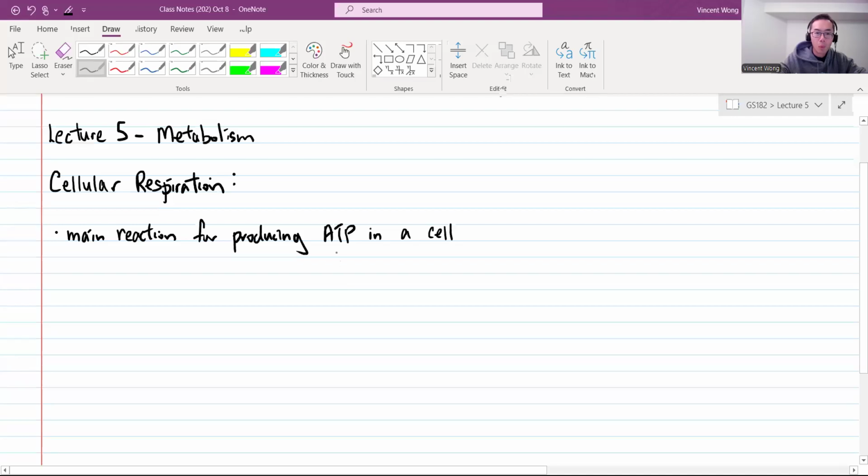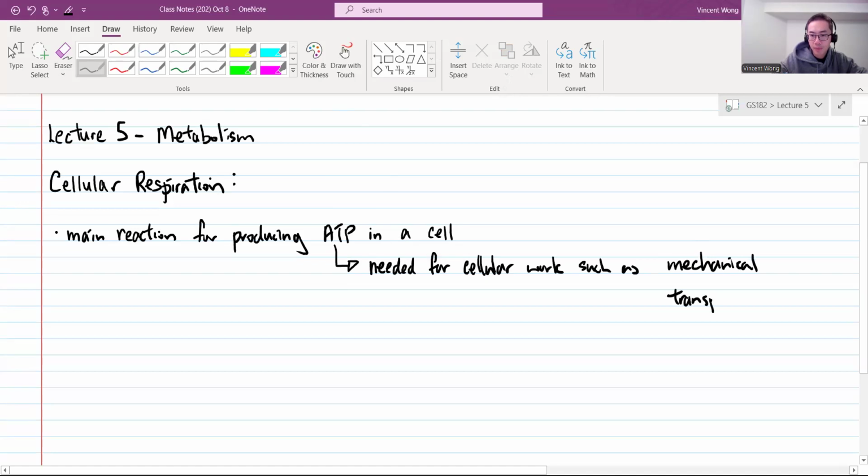Now, we need ATP for various cellular work, such as mechanical work, transport, and chemical work.